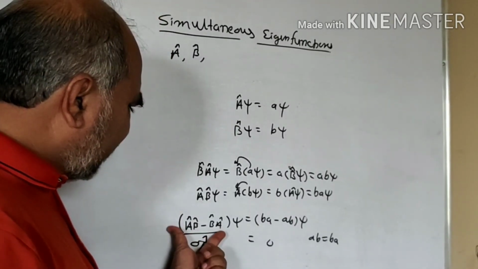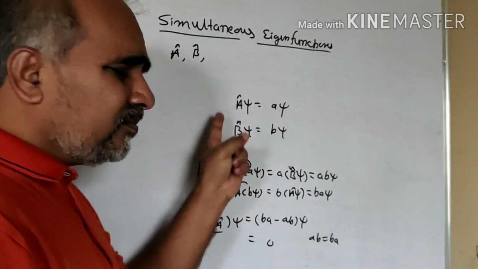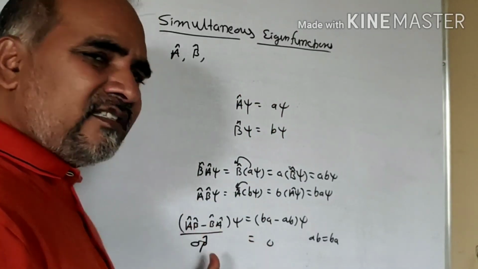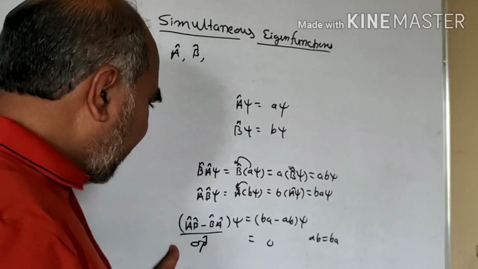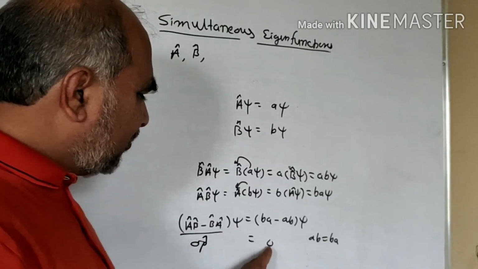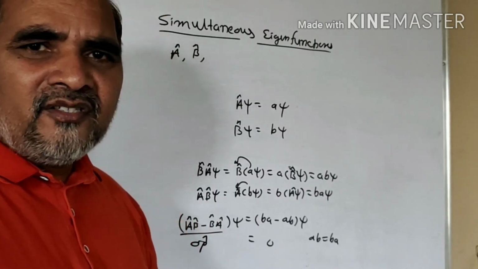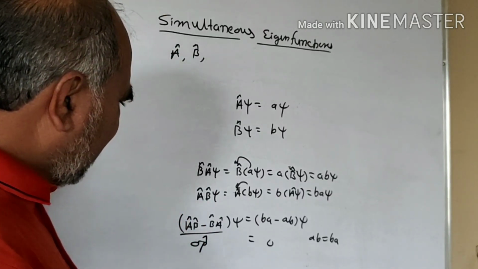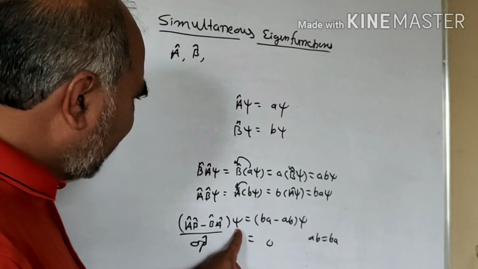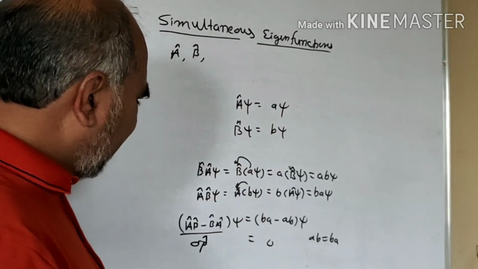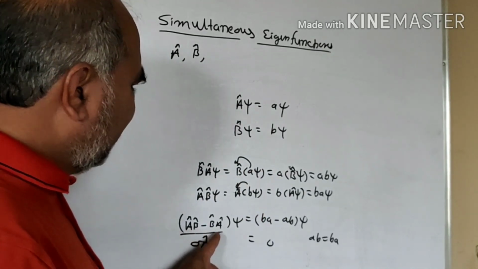This is a new operator, a combination of operators A and B. So AB minus BA, a third operator, operates on psi equal to 0 with eigenvalue 0, and therefore psi is an eigenfunction for AB as well as for AB minus BA.